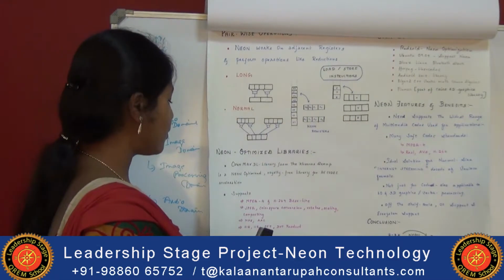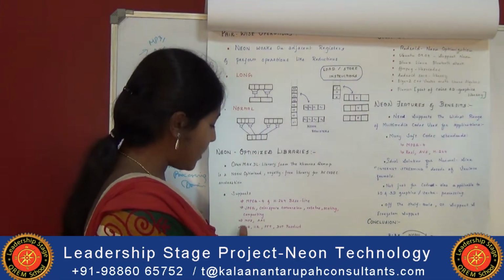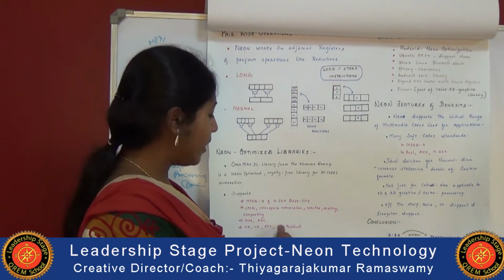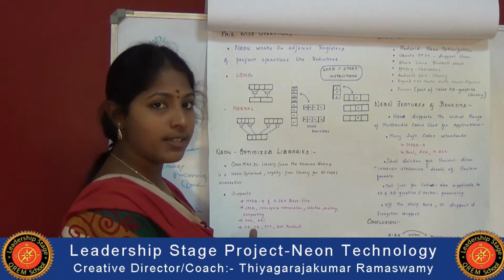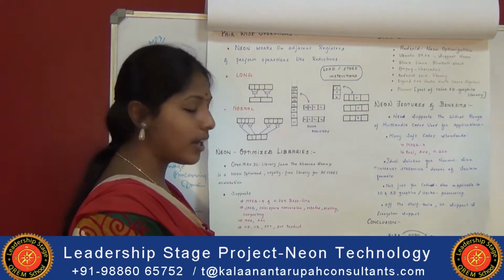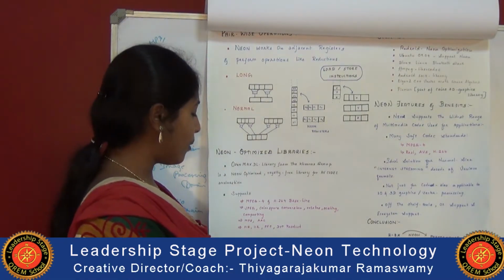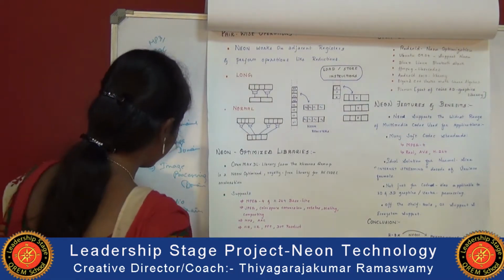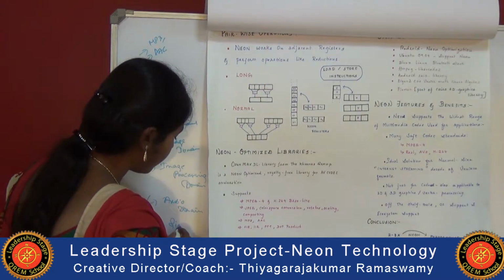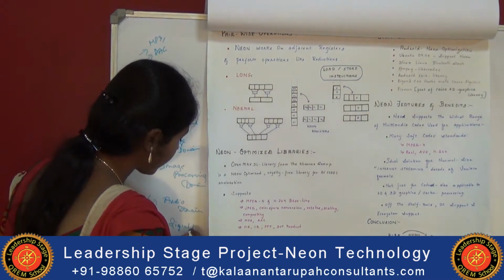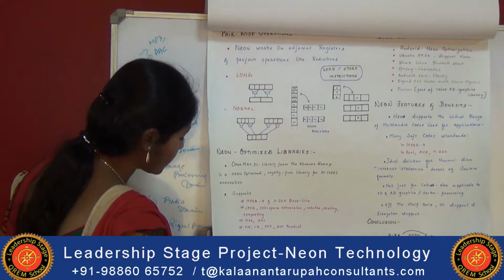Then at last FIR, IIR, FFT and dot product. FIR, as I said, is finite impulse response, IIR is infinite impulse response, and FFT is fast Fourier transform, along with dot product. These are all signal processing algorithms.